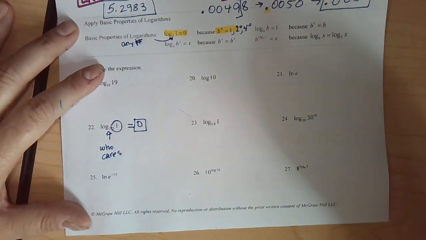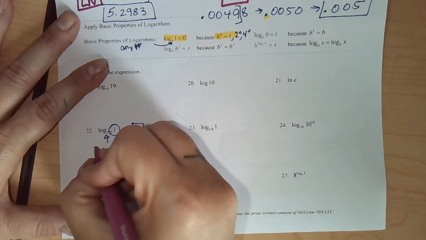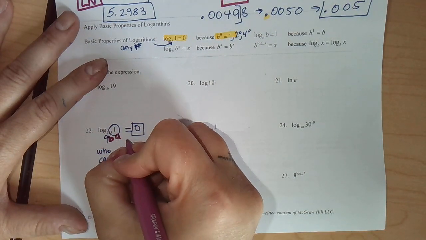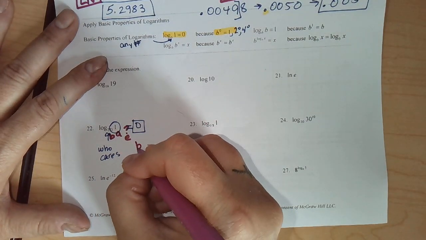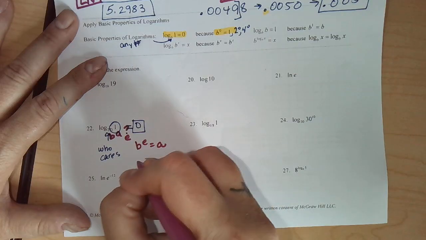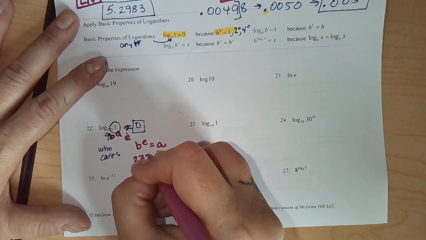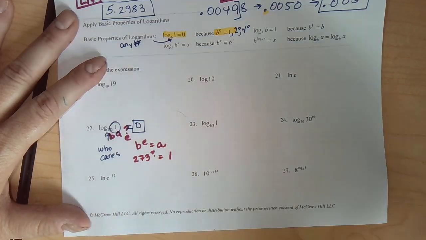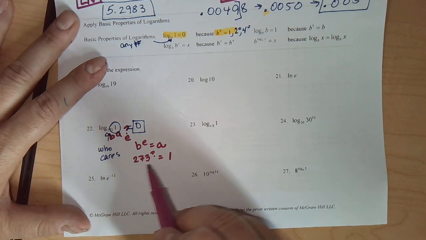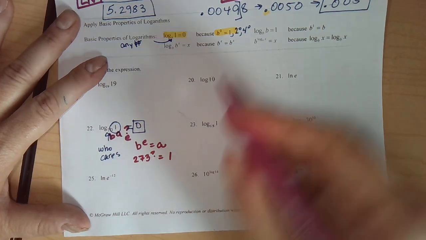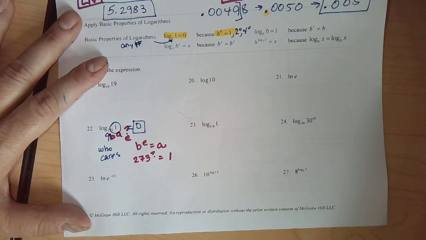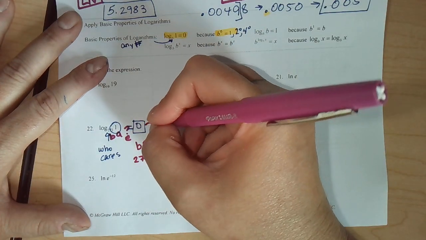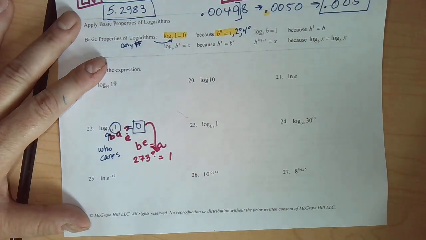And if you don't remember why, it's because if we say log base 273 of 1 equals a question mark, and we rewrite it to exponential form, we get 273 to the question mark equals 1. What's the only thing that I can put in that exponent to give me a 1? 0. Yeah. So that's why that question mark has to be 0.